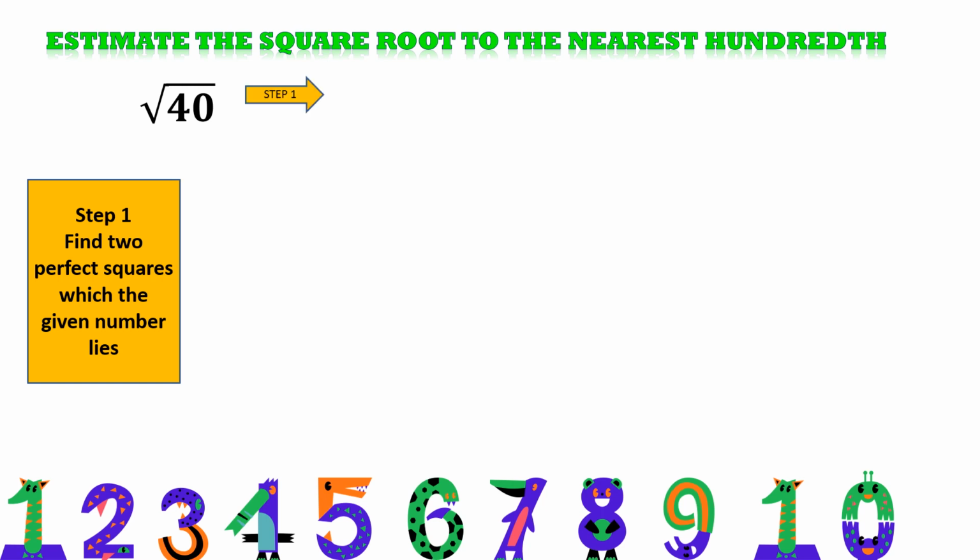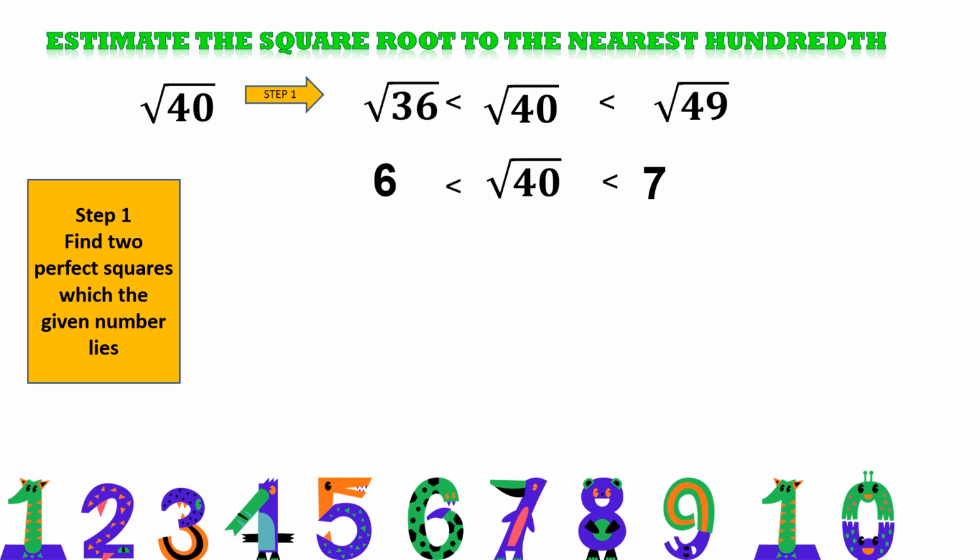The square root of 40 is in between square root of 36 and square root of 49. Square root of 36 is equal to 6 and square root of 49 is 7. This means square root of 40 lies between 6 and 7.